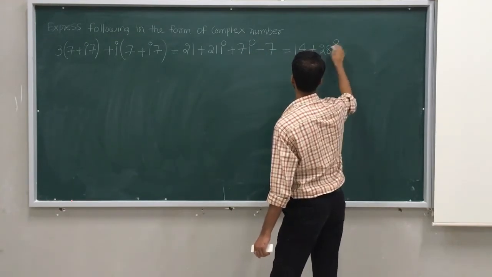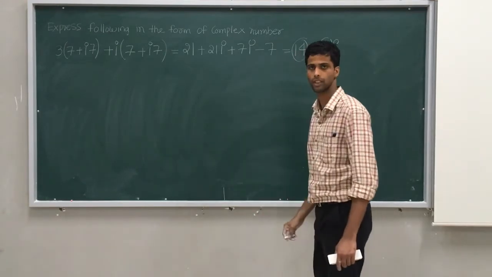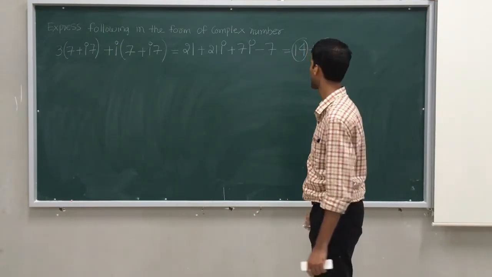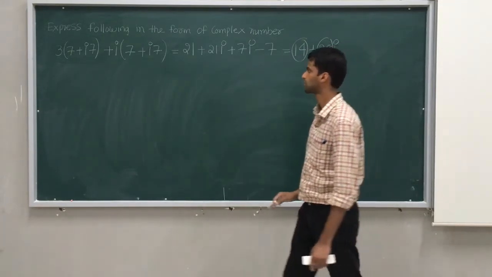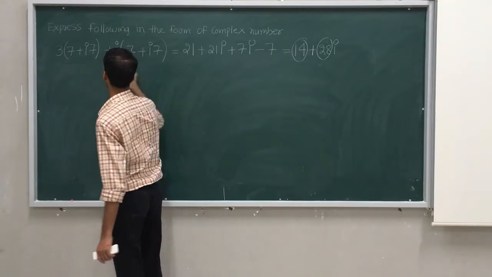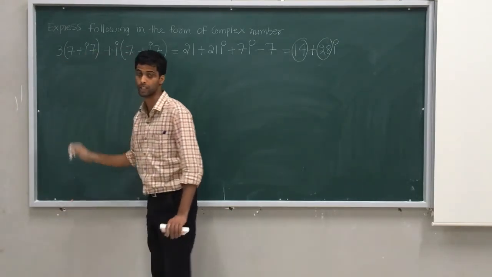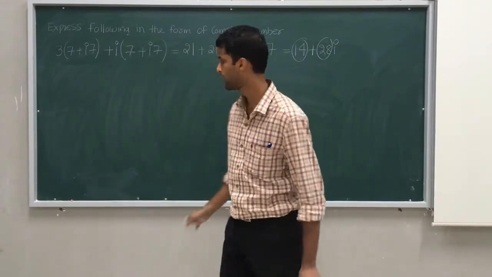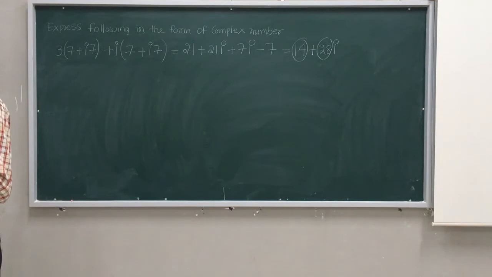So I express it here, real part and imaginary part, both are real numbers. Express a complex number in such a way that the real part and imaginary part contain real numbers. That thing you need to take care of the most. So that's the answer, 14 plus 28i.